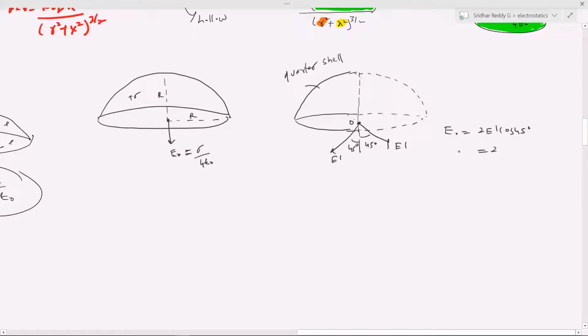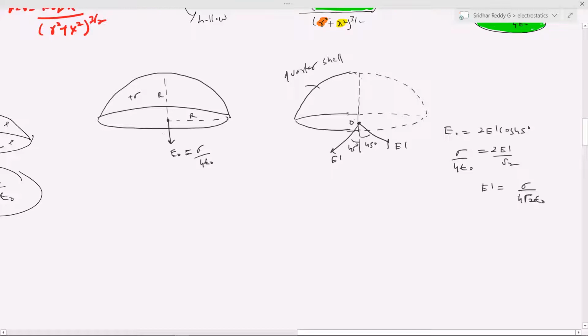E naught we know, sigma by 4 epsilon naught, equals 2 E dash by root 2. So this will become E dash equal to sigma by 4 root 2 epsilon naught.